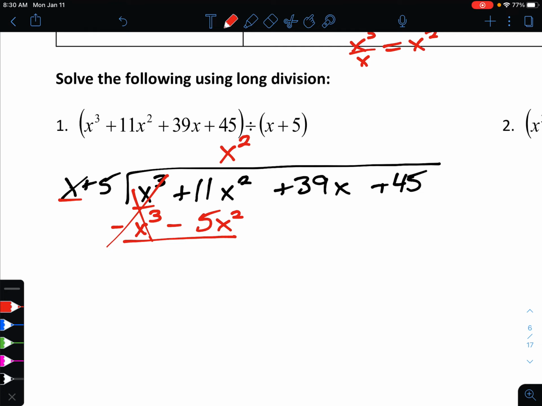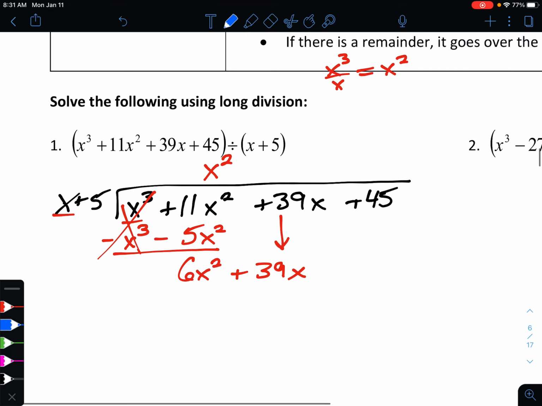In fact, that should always be the case when we're dividing. Then we take 11x squared minus 5x squared, which is 6x squared. And the next part should make sense based on our warm-up: we're going to bring down our next term. Then we're going to repeat the process all over again.